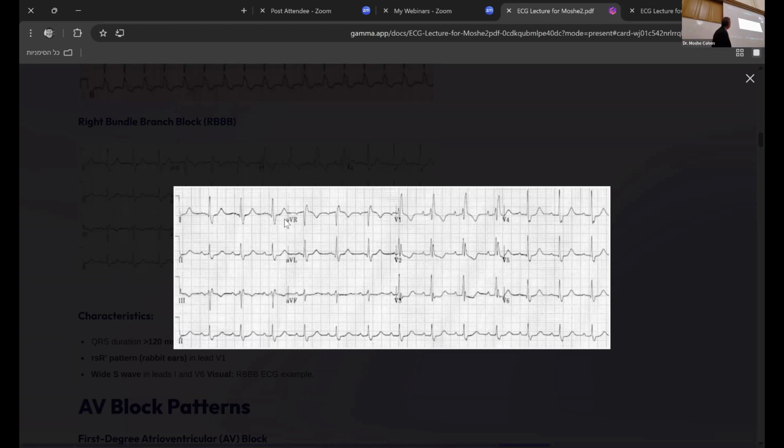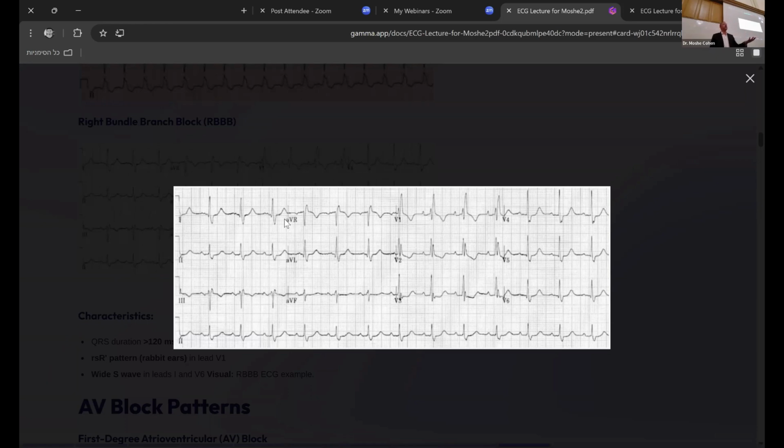Okay, what's the rhythm? Do you see P waves before the QRS? Yes, you see? P wave, QRS, P wave, QRS, P wave, QRS, P wave, QRS. So the rhythm is sinus rhythm. So we have normal rate and we have sinus rhythm.